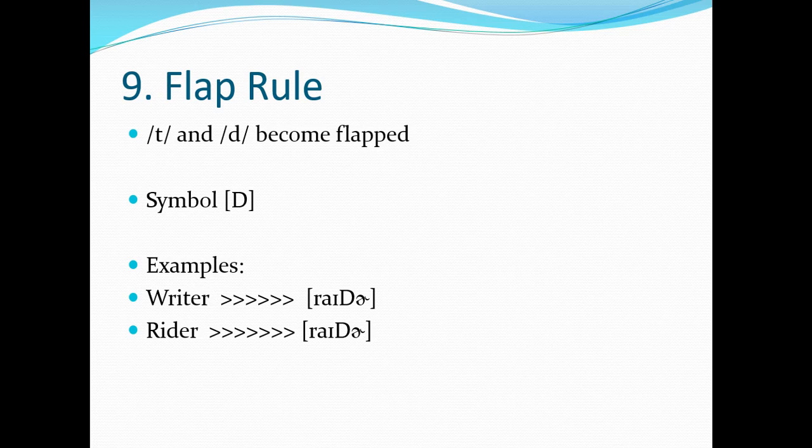The flap rule, which is another interesting, important rule. T and D become flapped. The flap rule says that t and d become flapped when they occur between a stressed and an unstressed vowel.